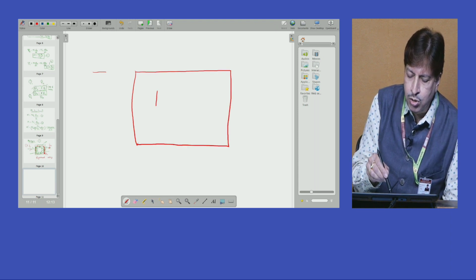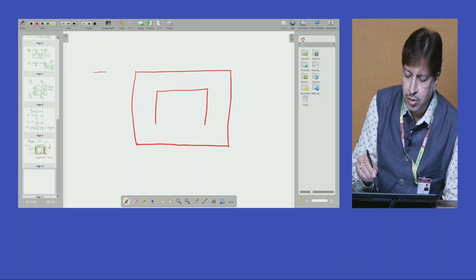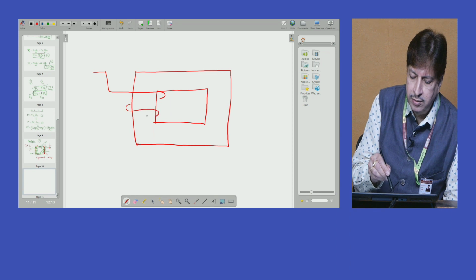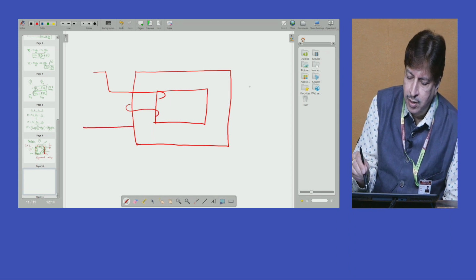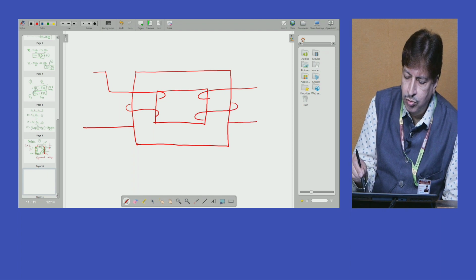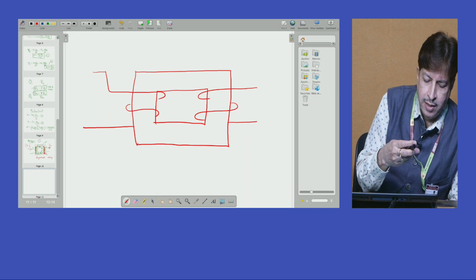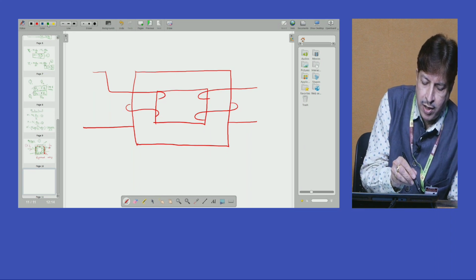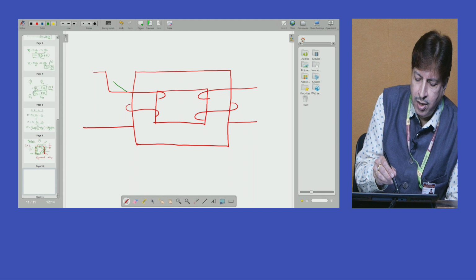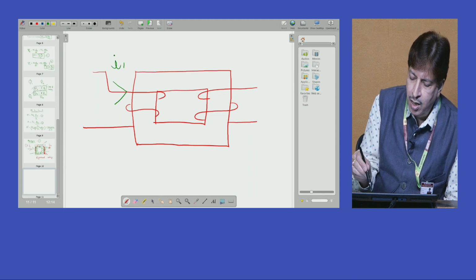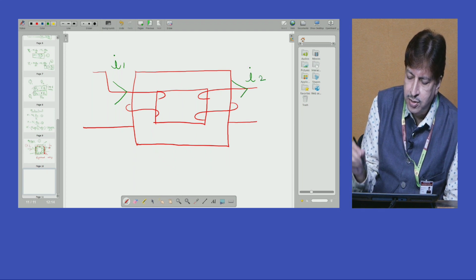This is a core. This is winding number 1. This is winding number 2. But I am changing the directions of currents a little bit. Current I1 is like this only, but current I2 I marked like this.